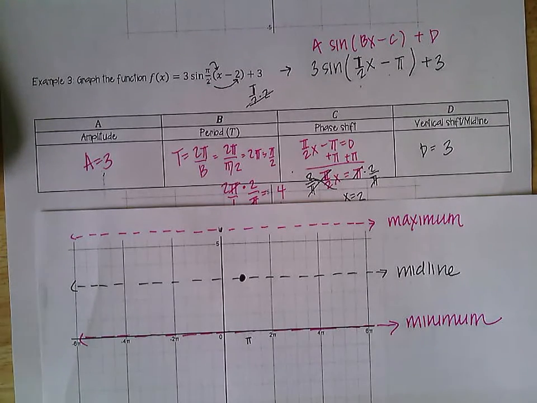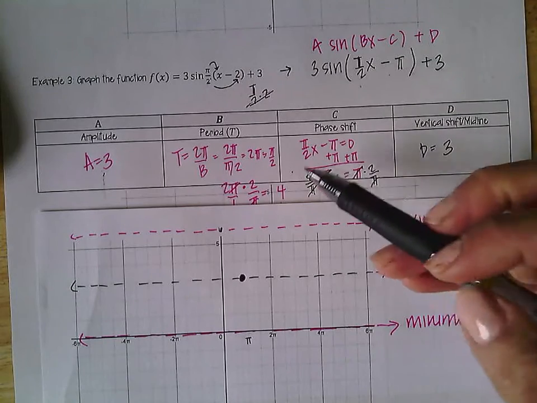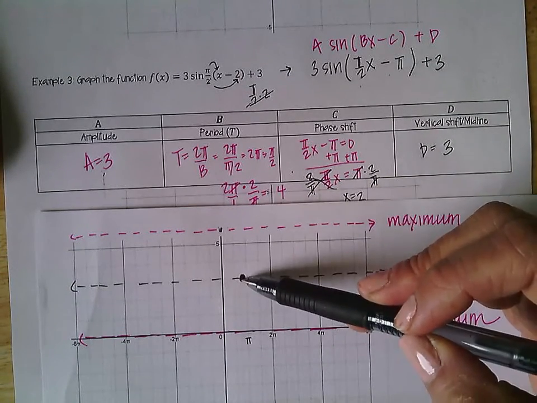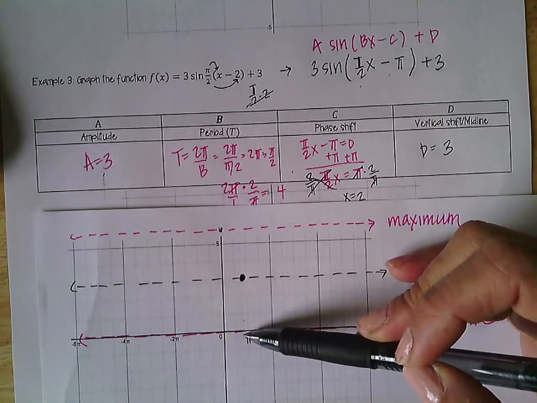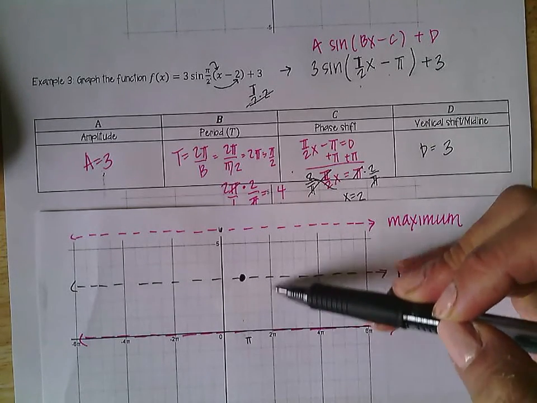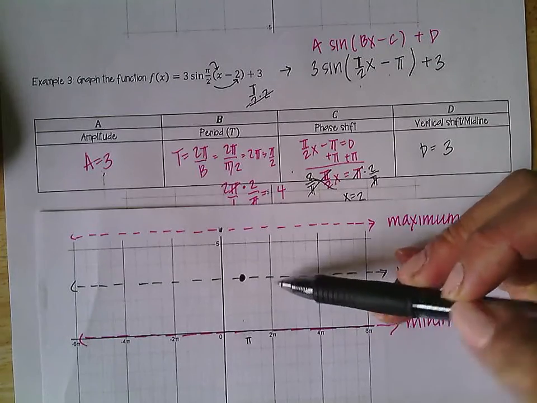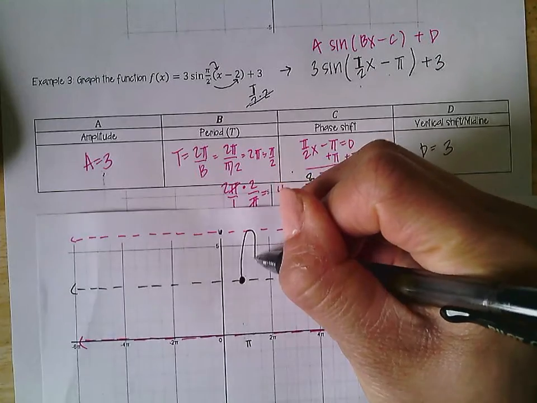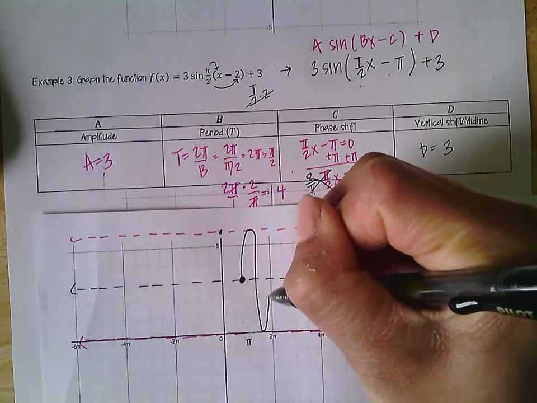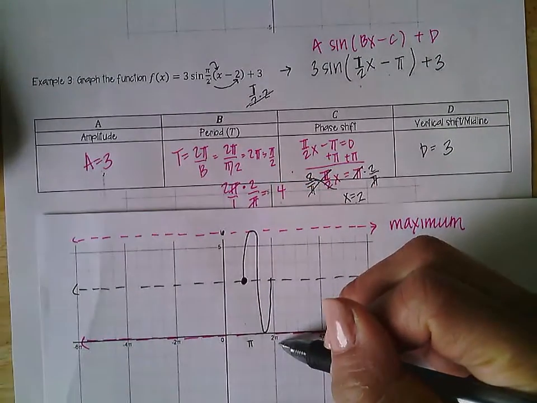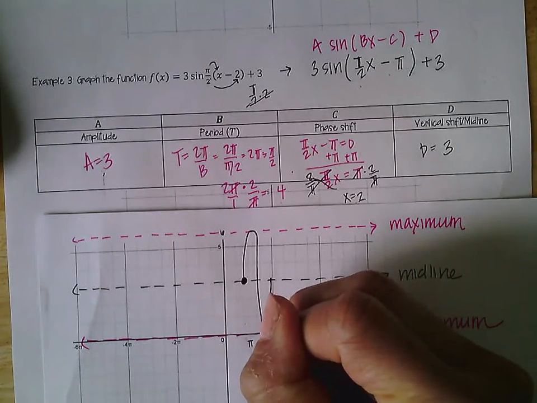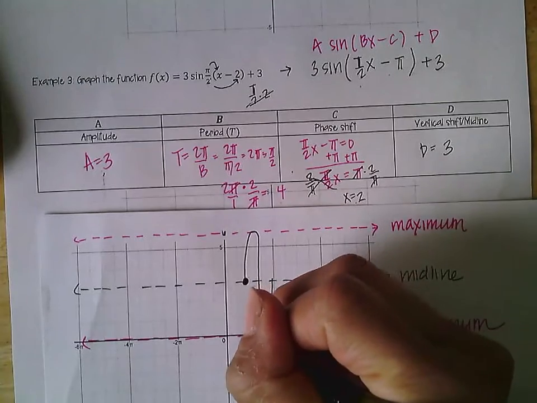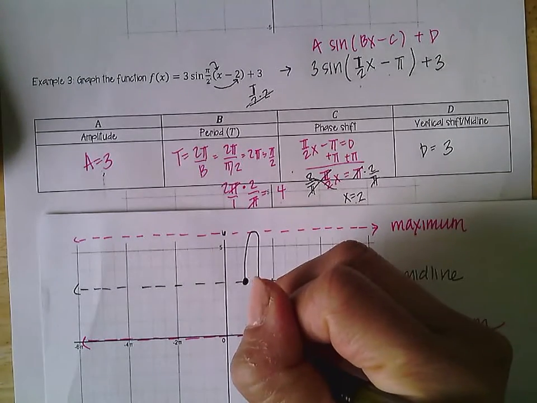So at 4 it's going to complete a cycle. So if you look here, we're currently around 2-ish. 2 plus 4 is 6. So remember, 2 pi is about 6. So that means it's going to go up and down right before that 2 pi. This is about 3, and we're around 2 right now.